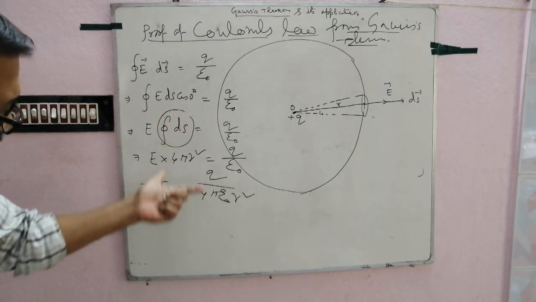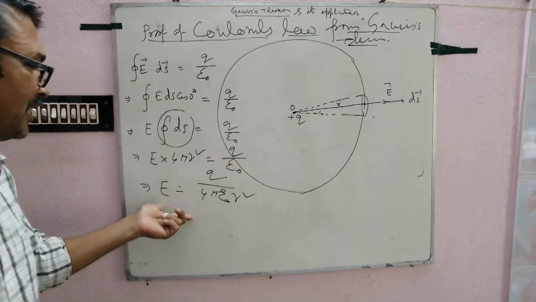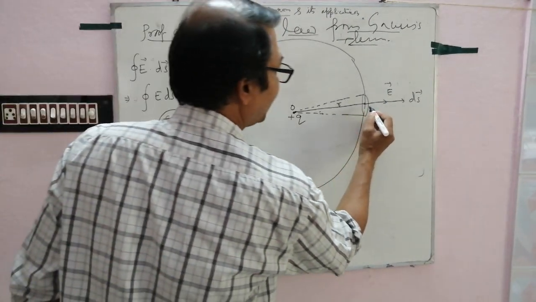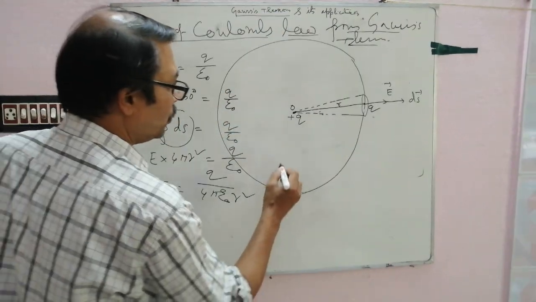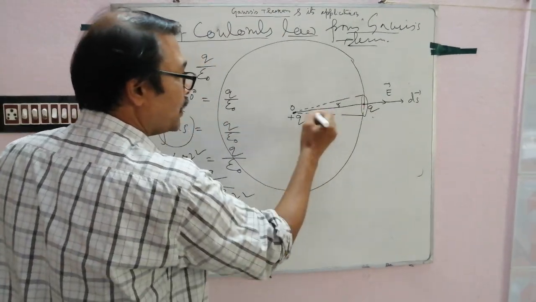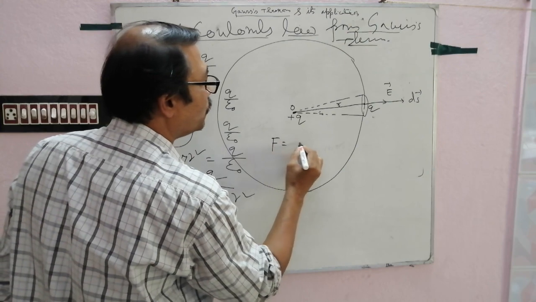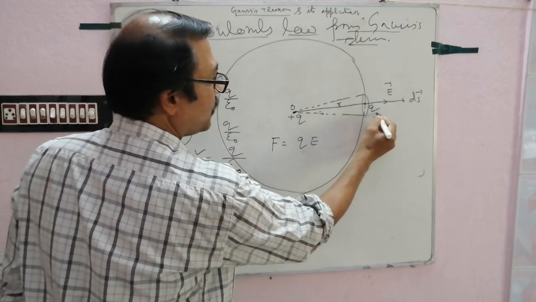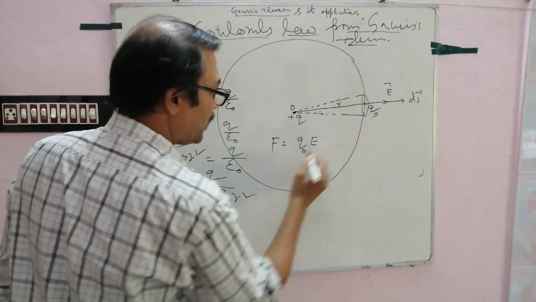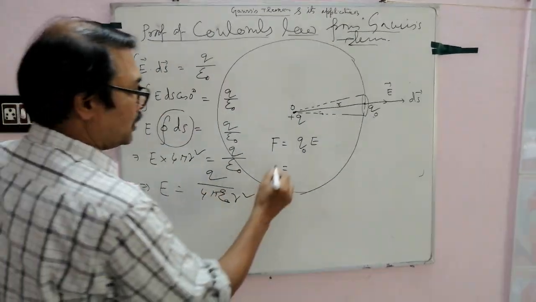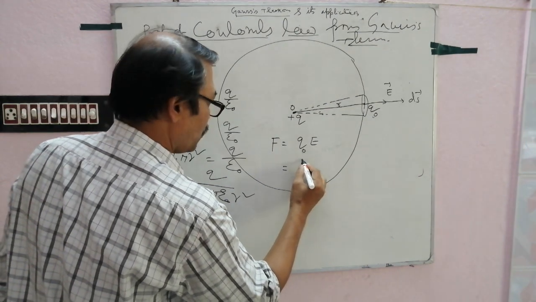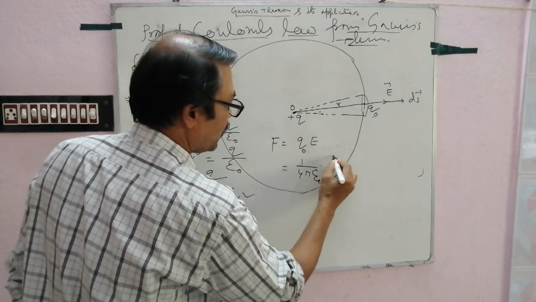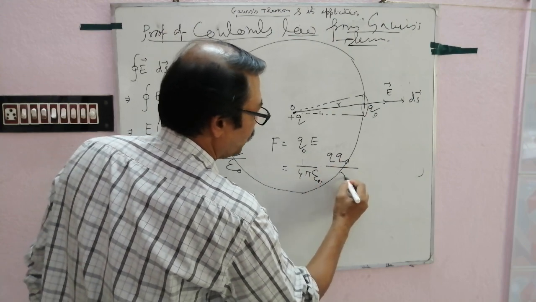Similarly, we can find the electric field with the help of Gauss's theorem. If here is another charge Q naught, the force due to this electric field is F equals Q naught into E. So the result will be 1 by 4 pi epsilon naught Q Q naught by R square.